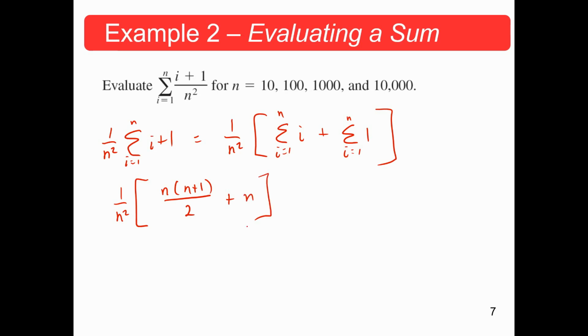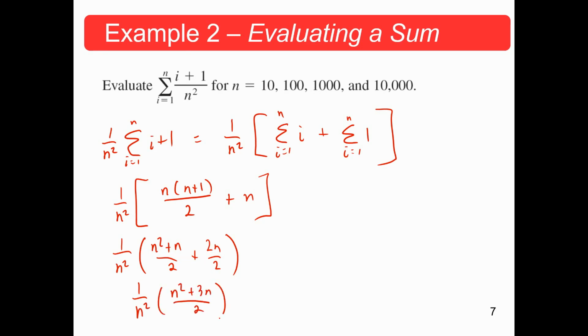So this is 1 over n squared times (n squared plus n over 2, plus, making a common denominator, 2n over 2), so I get 1 over n squared times (n squared plus 3n) over 2.